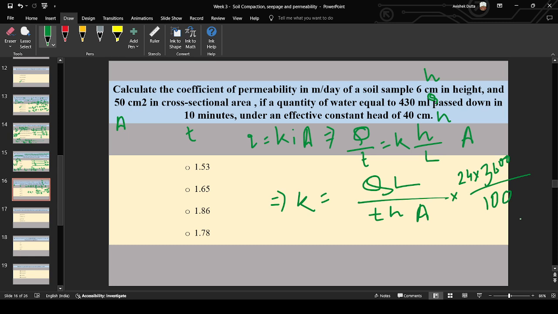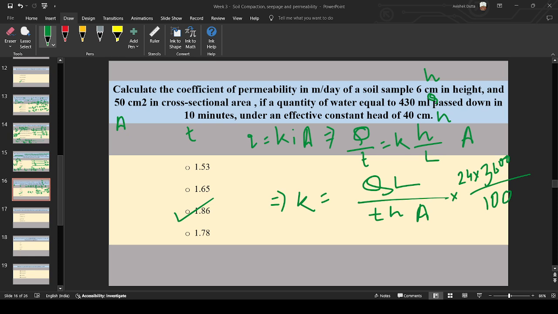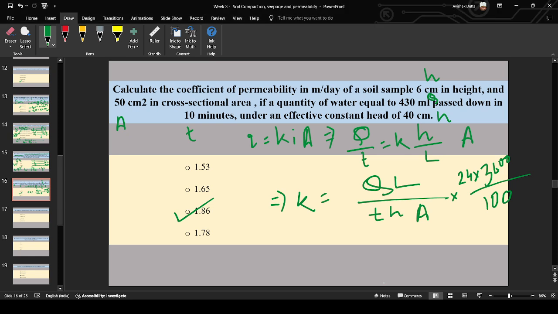So solve this, you get a value of, I think, 1.86. I'll just do it. 430 into L, which is 6, divided by 10 minutes into head, which is 40, into area 50, into 24 into 3600. Okay, just a moment.